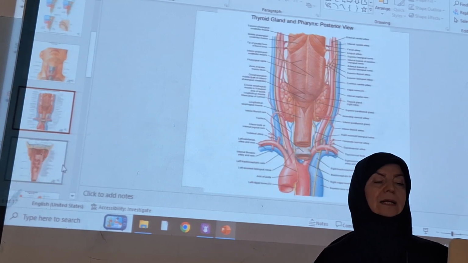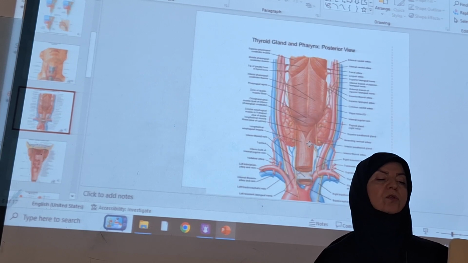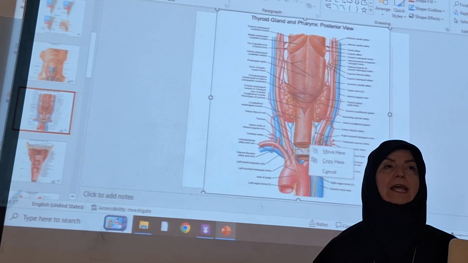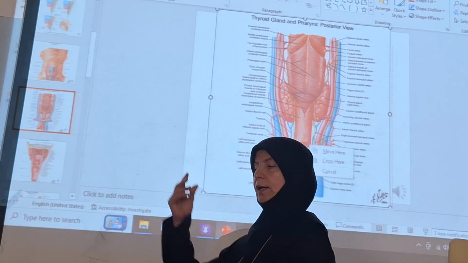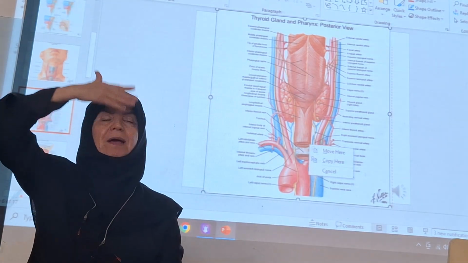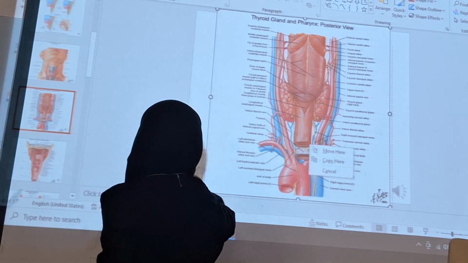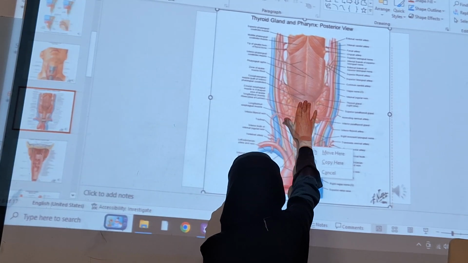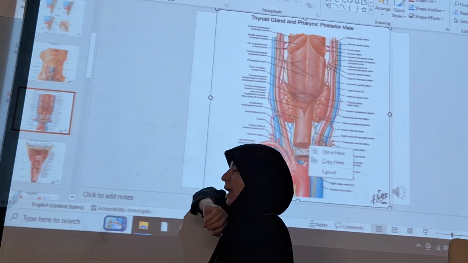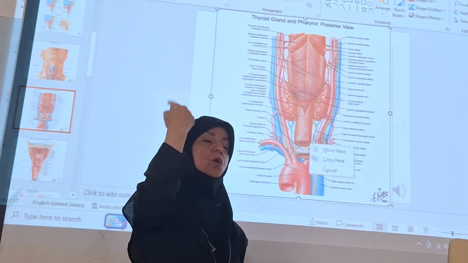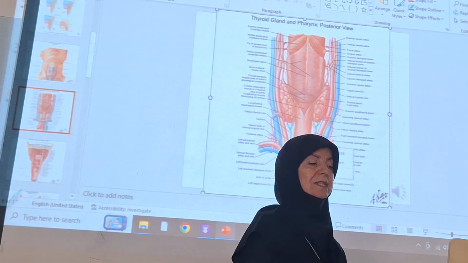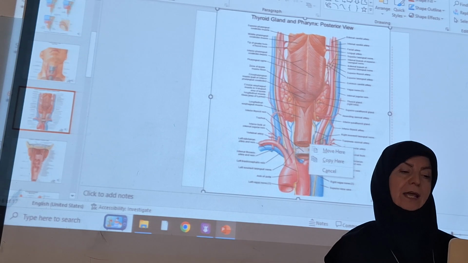Now, in this picture, you are going to look at the pharynx from posteriorly. It means we prepared a coronal section, rotated toward you. So you are going to look at the posterior surface of the pharynx.